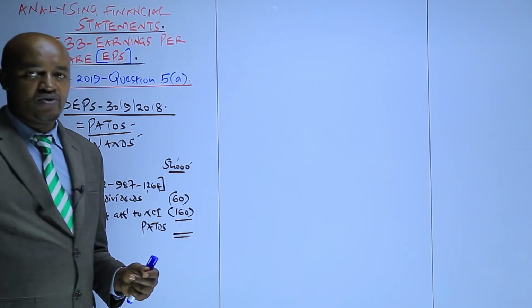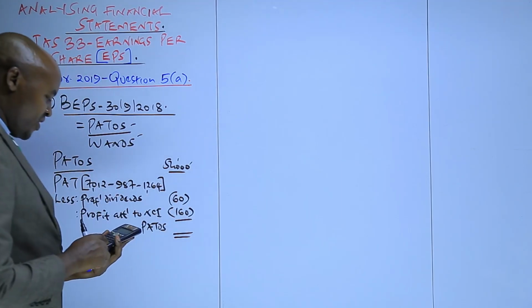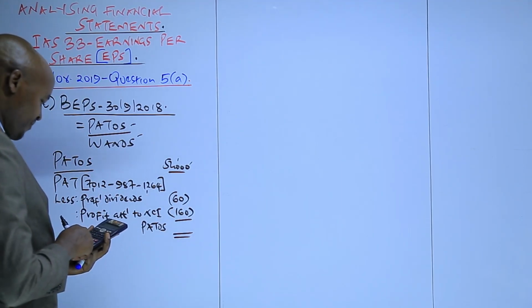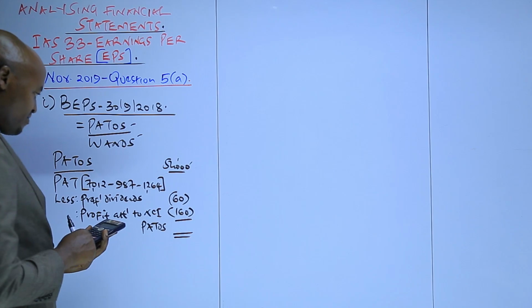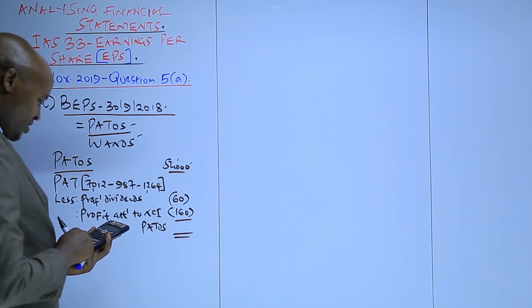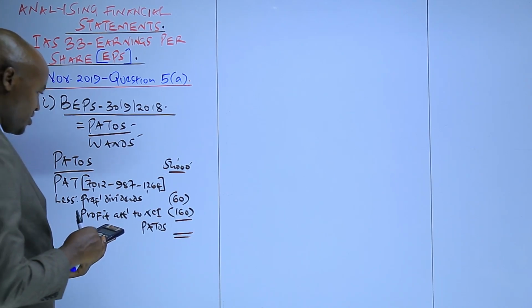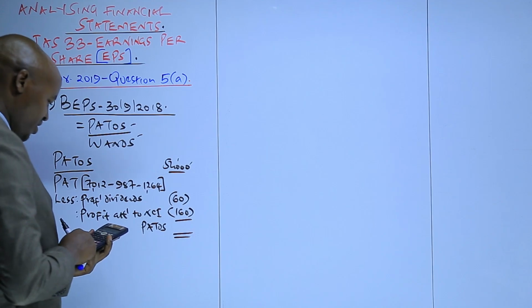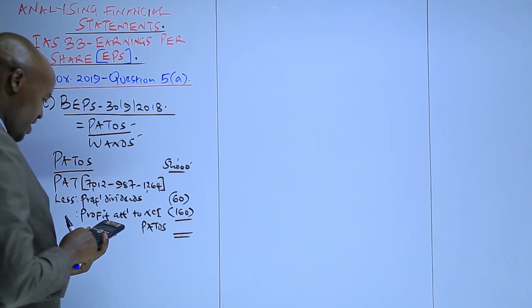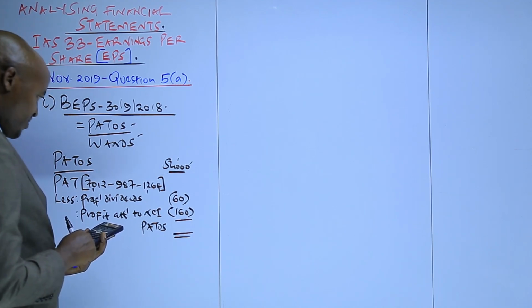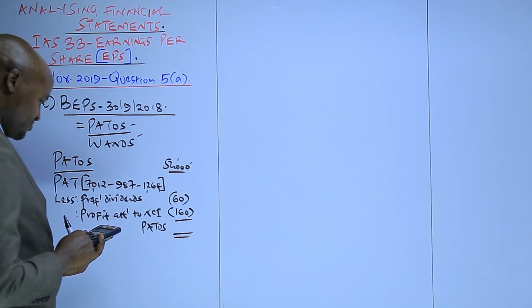ordinary shareholder. So let's compute that, but we need to first of all determine the profit after tax, which is 7012 minus 987 minus 1264.